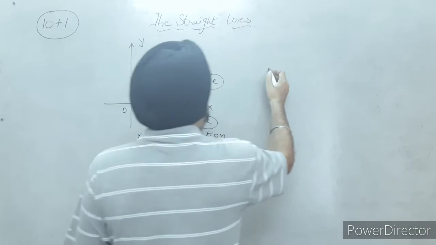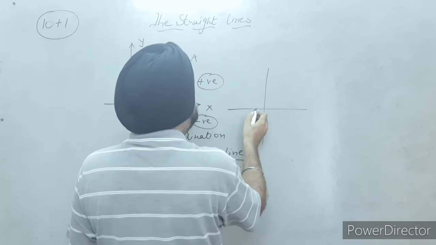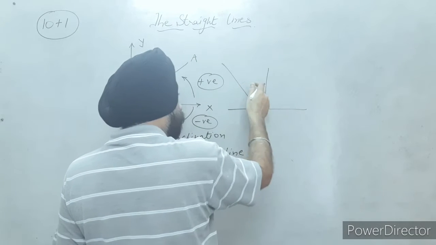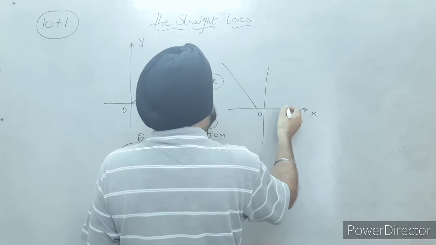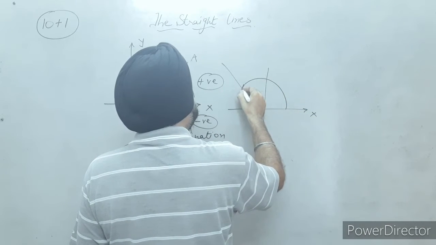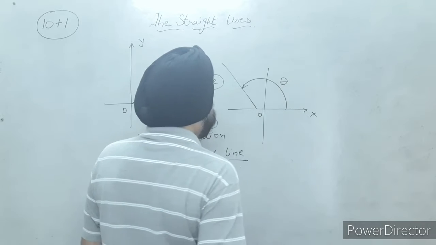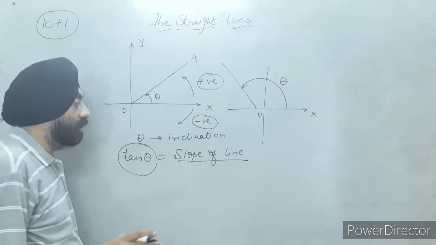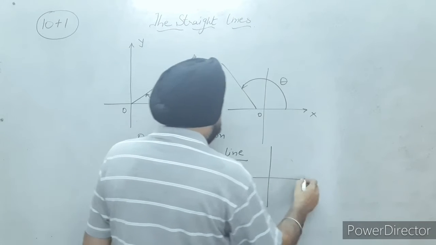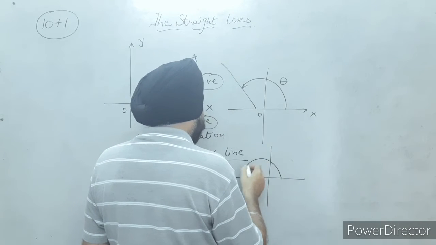Even if the line is in the second quadrant, we will measure the angle from the positive x-axis. This is your theta. It can be 135, it can be 120, it can have any value. Theta can have any value like this. It can be here also, like this.